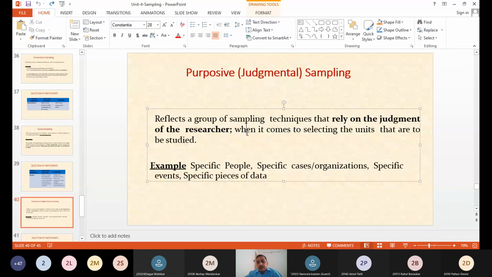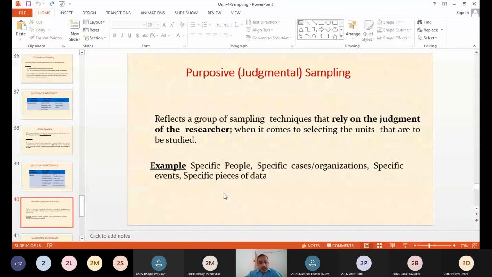He will select those individuals as a sample. So this method, which is based on the judgment of the researcher, is called purposive sampling. Examples may be specific people, specific cases, organizations, specific events, specific pieces of data.